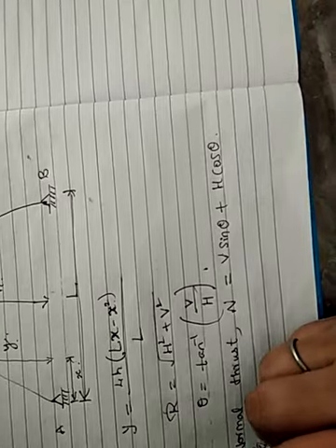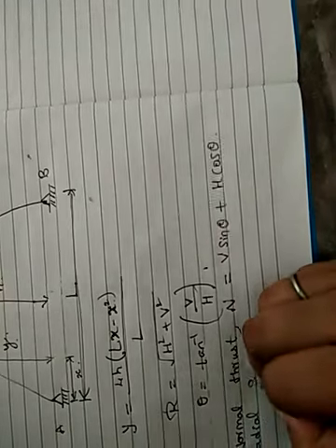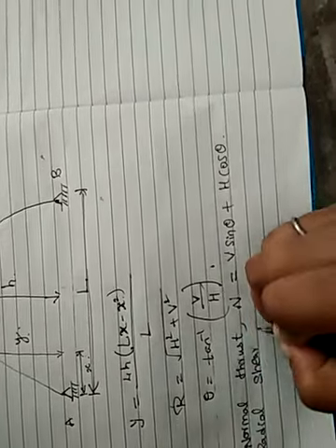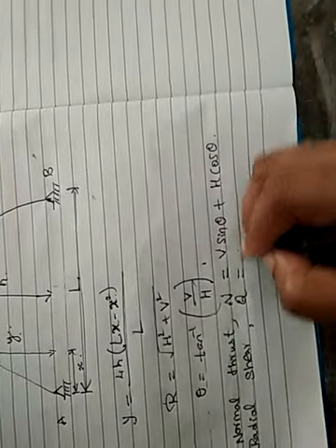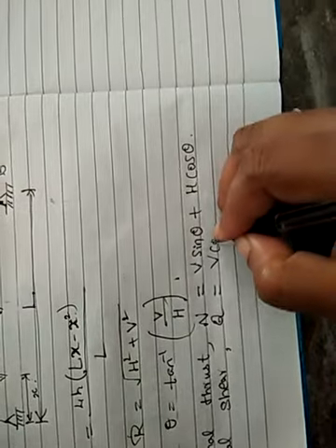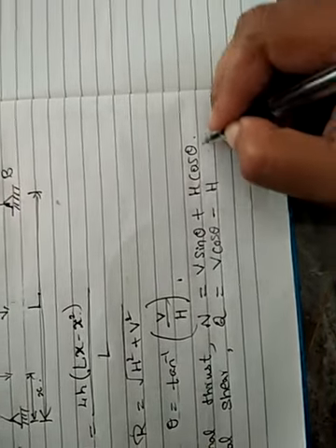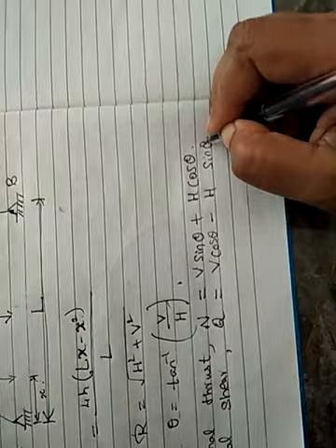Along with this we will be calculating the radial shear, denoted by Q, which is calculated by v cos theta minus h sin theta.